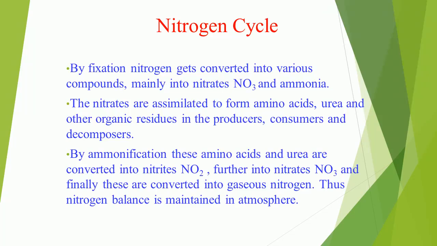The nitrates are assimilated to form amino acids, urea, and other organic residues in the producers, consumers and decomposers. By ammonification, these amino acids and urea are converted into nitrites, NO2, further into nitrates, NO3, and finally these are converted into gaseous nitrogen. Thus nitrogen balance is maintained in the atmosphere.